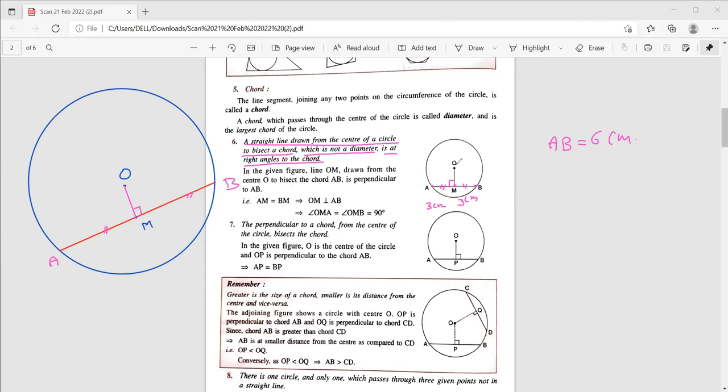Earlier you said that a line segment which is bisecting the chord is perpendicular to the chord. Now you are saying that a line segment which is perpendicular to the chord will bisect the chord.